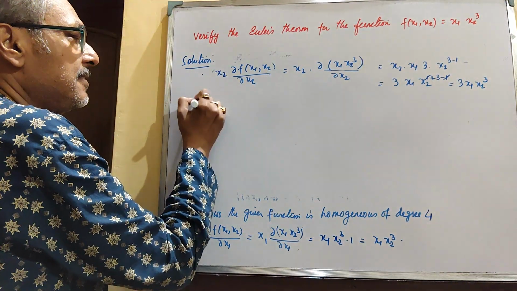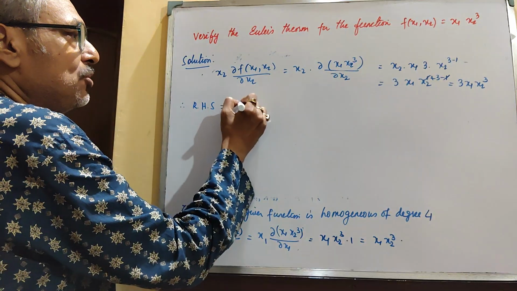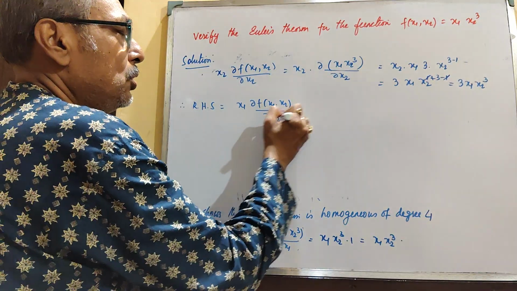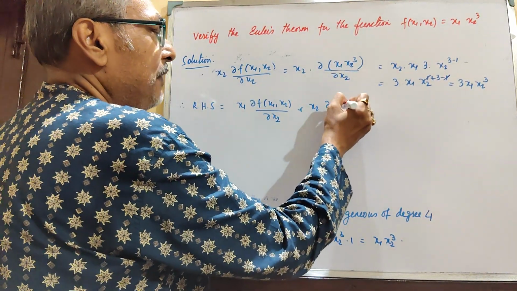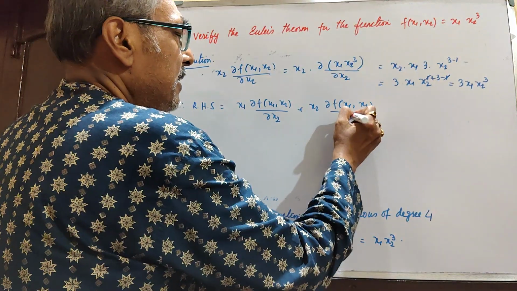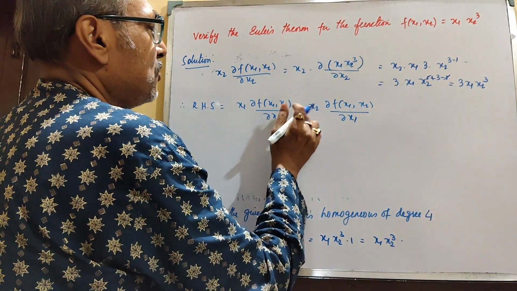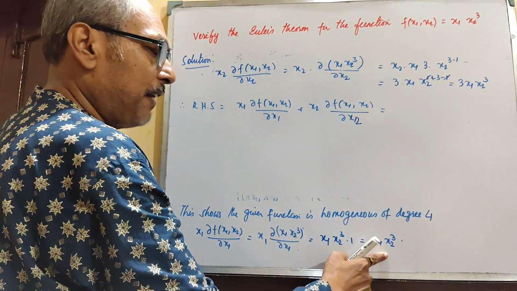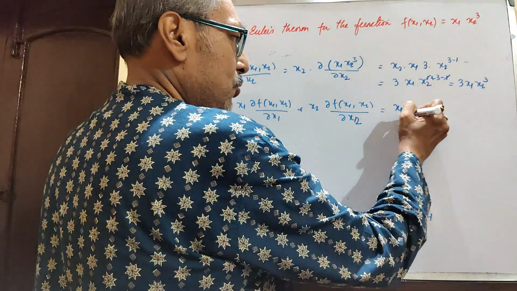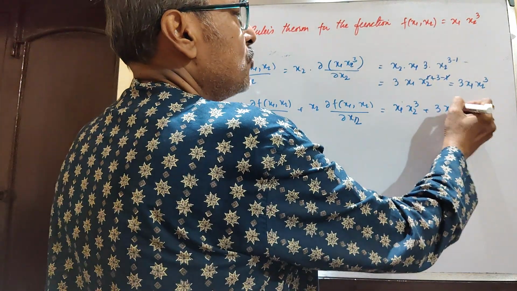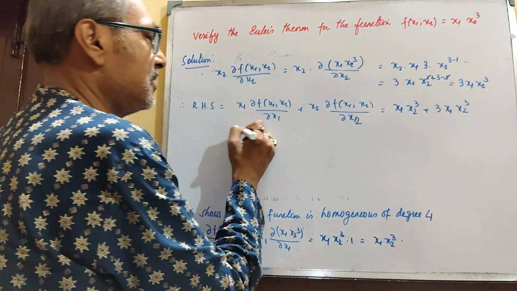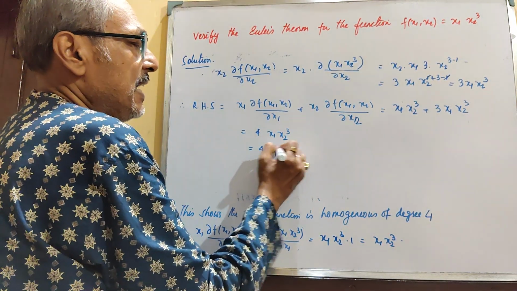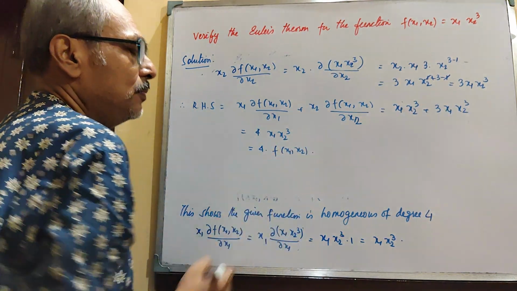Therefore, the right hand side equals x1 into del f of x1 comma x2 by del x1 plus x2 into del f of x1 comma x2 by del x2. Putting the values here, x1 x2 cube plus 3 x1 x2 cube. This is 4 x1 x2 cube, that is 4 into f of x1 comma x2.